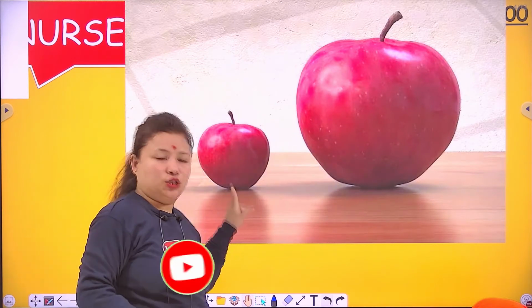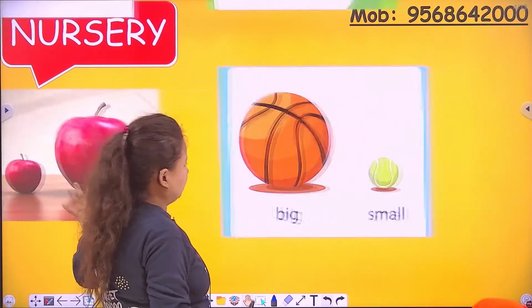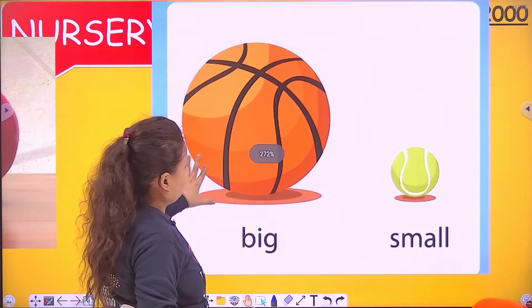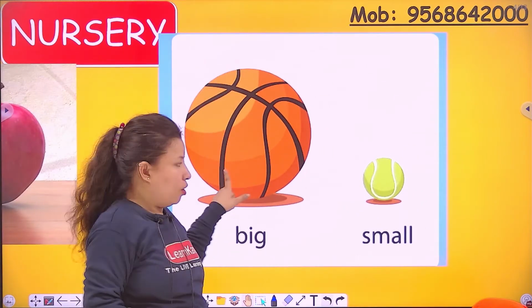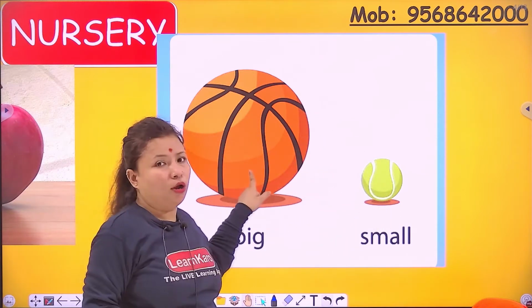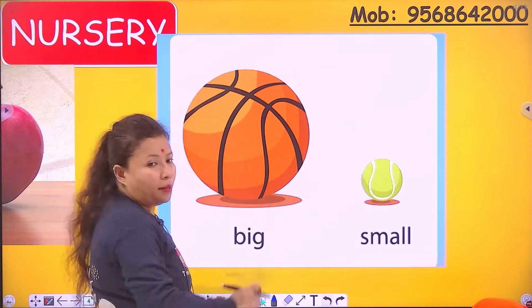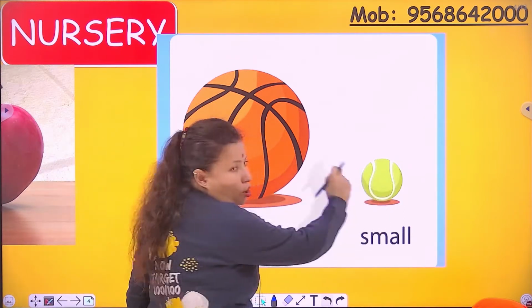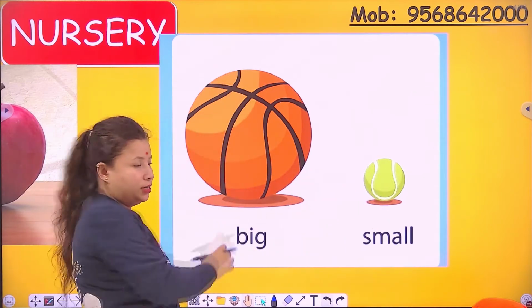Big, small. Okay, now next. Ball. This is again a ball, but this ball is big and this is small. Big, small, big, small. Got it?